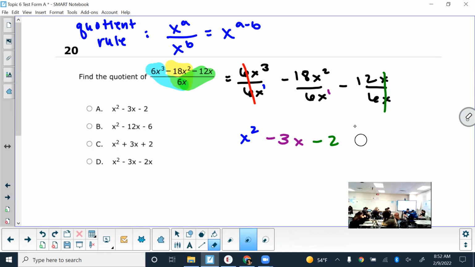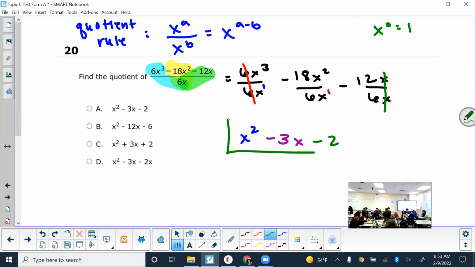Still negative 2. If it cancels out like this, x to the 1 over x to the 1 gives me x to the 0, which is still 1. Then it goes away. So then this is my answer. That's why A was the correct answer for that one. And again, on your test, it'll be open response.